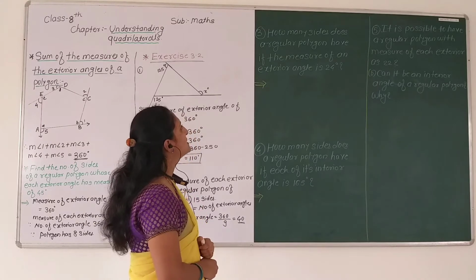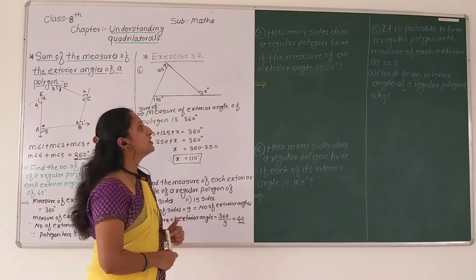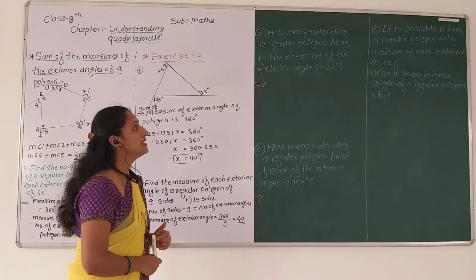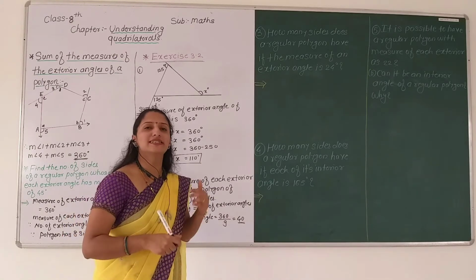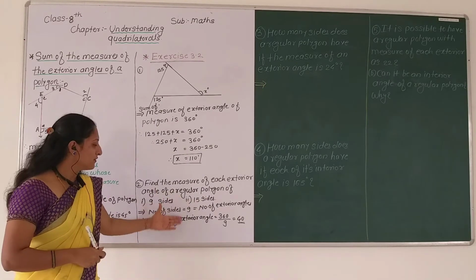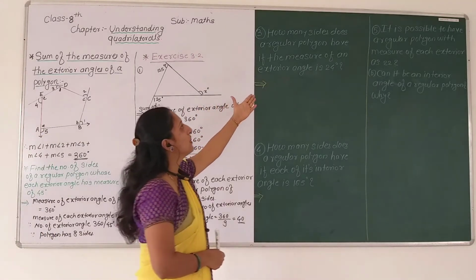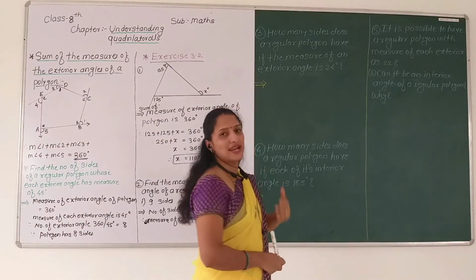How many sides does a regular polygon have if the measure of an exterior angle is 24 degree? It is the same as example number 2. Here we found the measure of the exterior angle and here we have to find the number of sides.